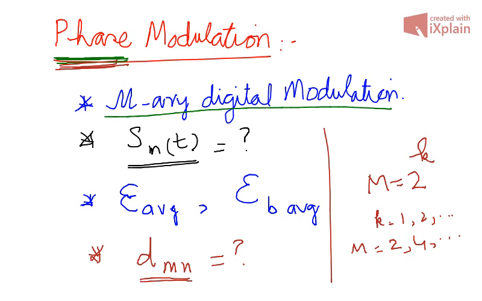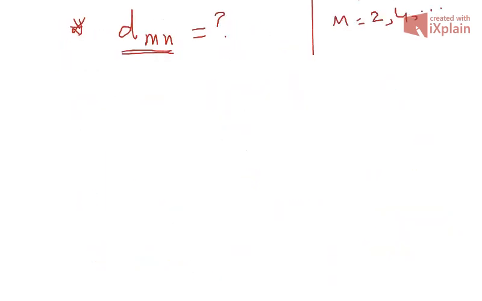So let me write the mathematical expression for Sm of t, which is the waveform for the M-array phase modulation signal, and we represent it.